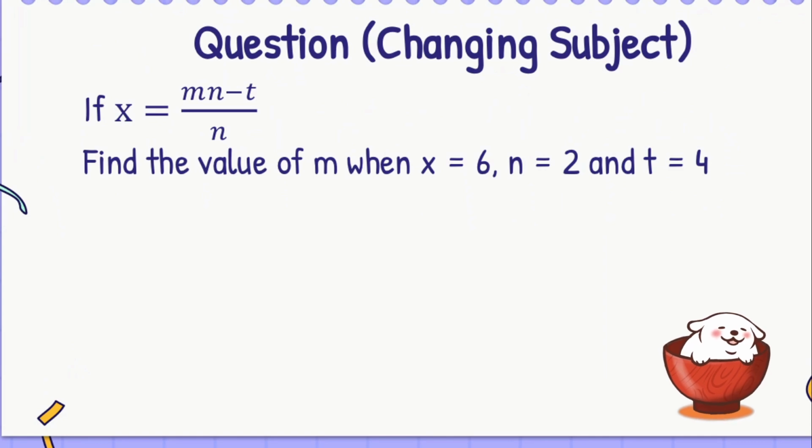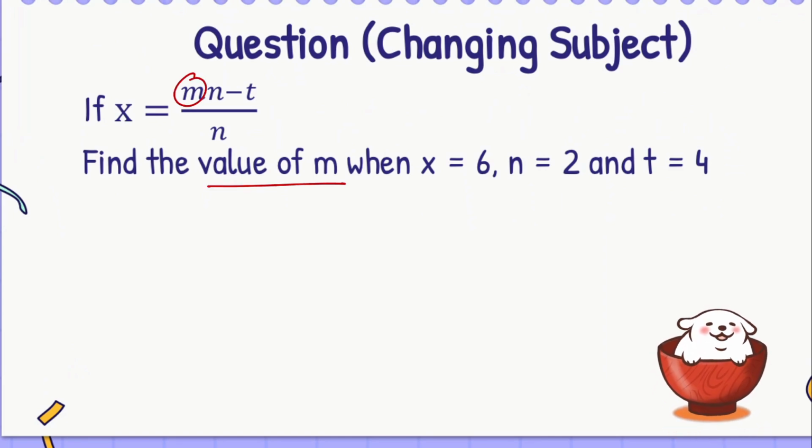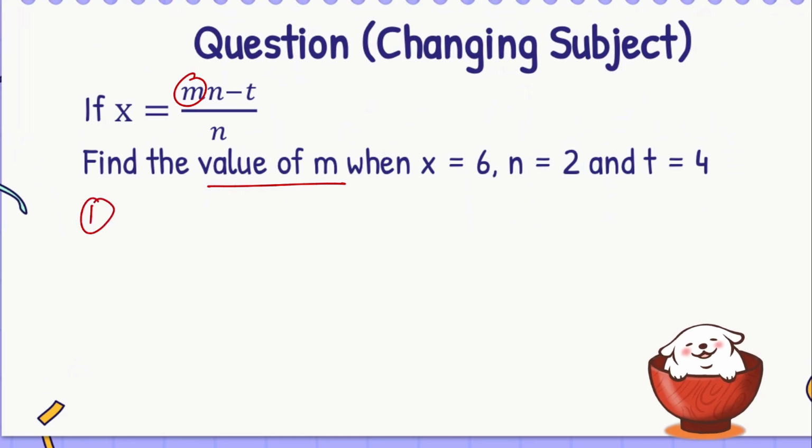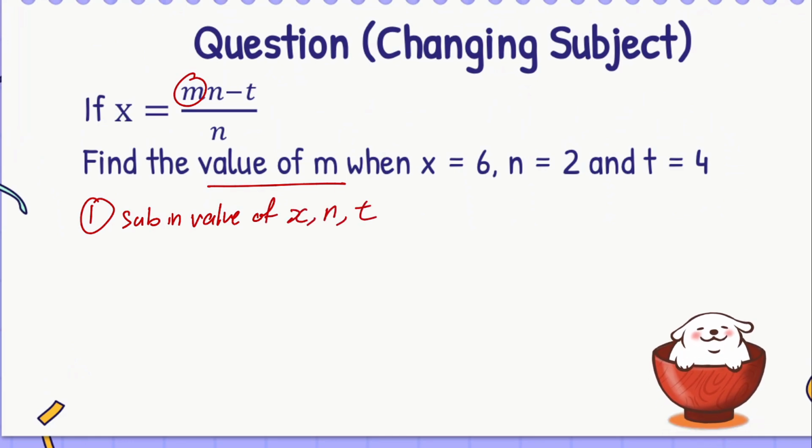We have a fraction now, okay? Same thing, we notice that they want to find the value of m, but m is not the subject of the equation. So the first step is we sub in the value of x, n, and t.